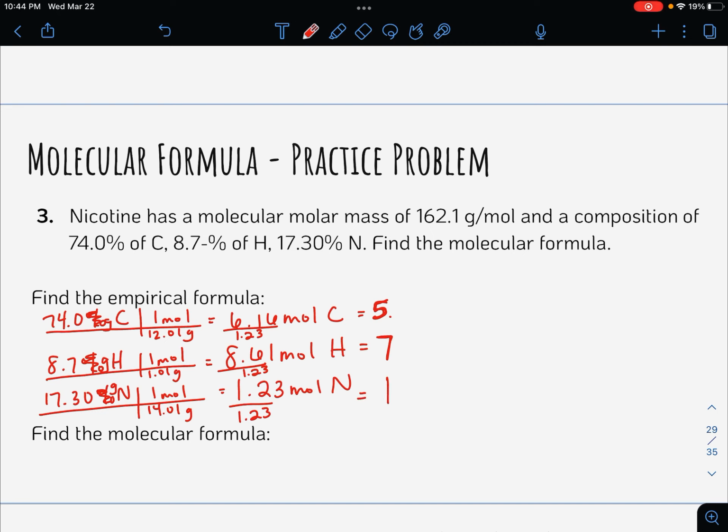And then we know that 1.23 divided by 1.23 is just 1. So for my empirical formula, I have 5 carbons, 7 hydrogens, and just 1 nitrogen. Okay, so that's my empirical.